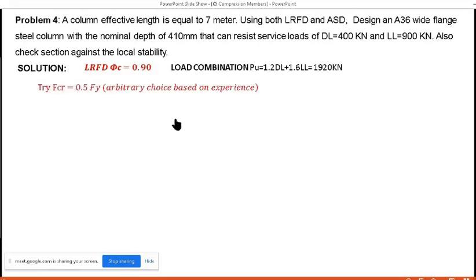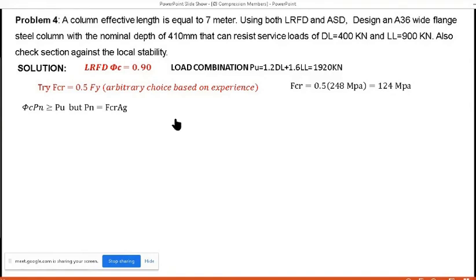Okay. So the same process pa rin siya. Ulit-ulitin nyo lang siya. So we need to try our arbitrary baseline, yung choice based on our experience to have our value for FCR. That is this value. So yung FCR natin is equal to 124 pa rin siya.